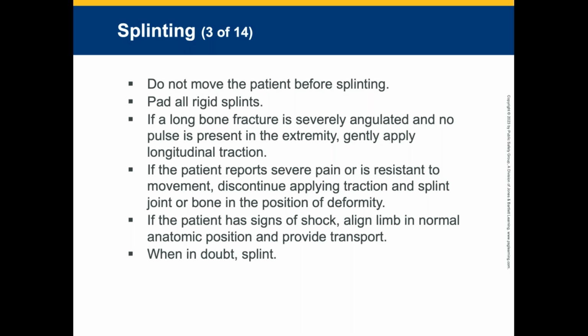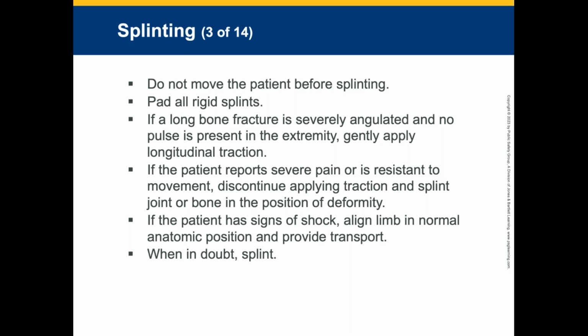For dislocations, the splint must be extended along the entire length of the bone above and below the dislocated joint. You also want to make sure you pad all rigid splints as well.